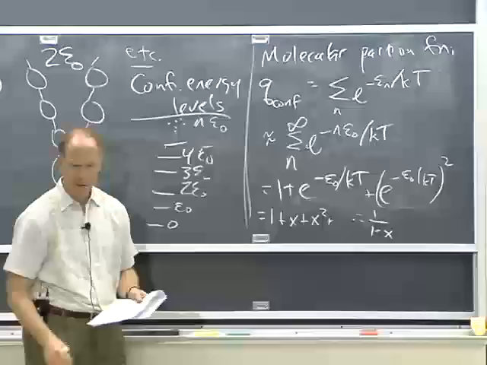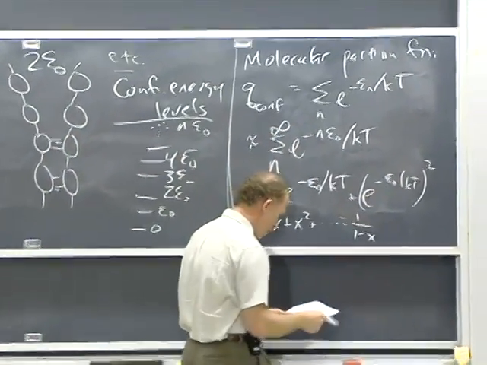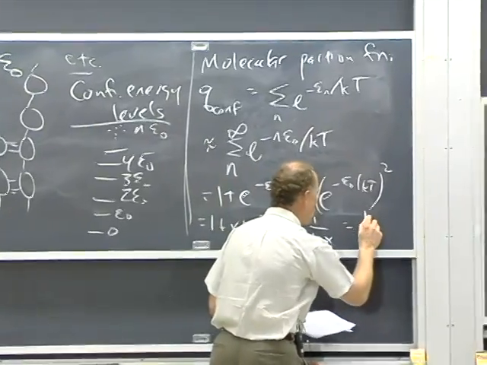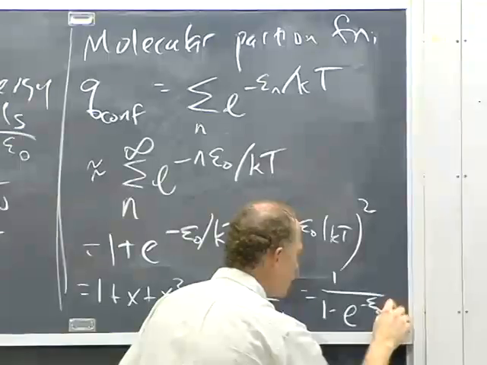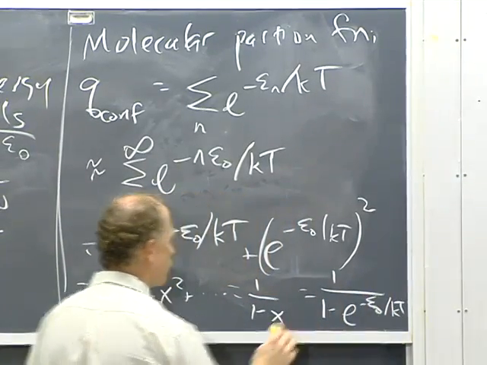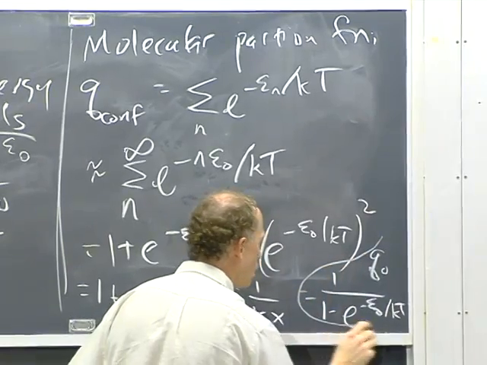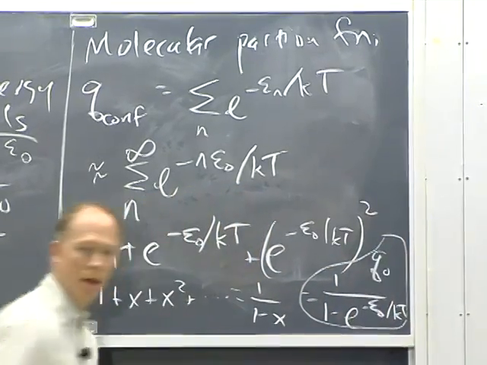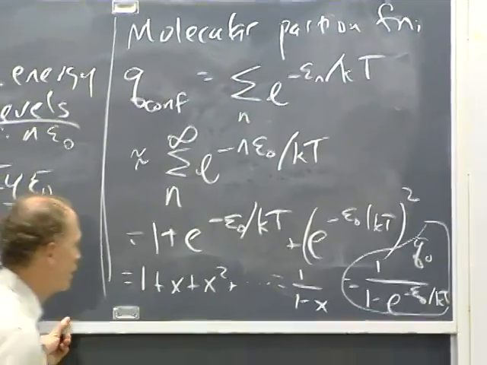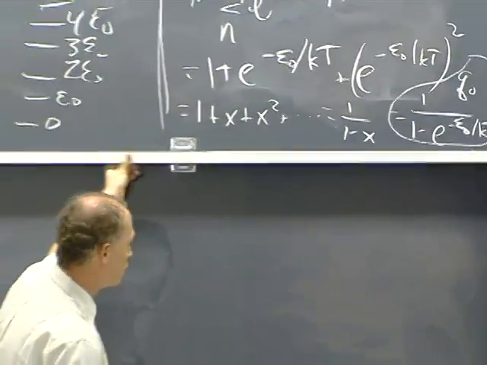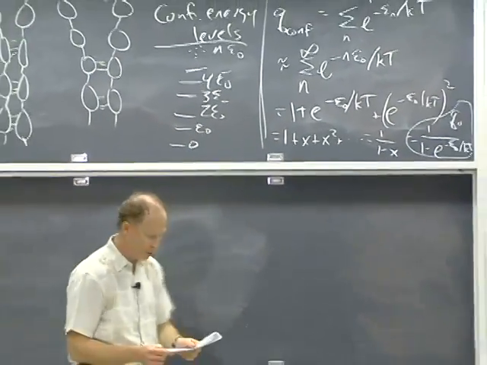So we have a very simple result. And now putting this back into x, it's 1 over 1 minus e to the minus epsilon 0 over kT. That's our q0, our molecular partition function. So this model yields a particularly simple result for q0, and then everything else follows from there.